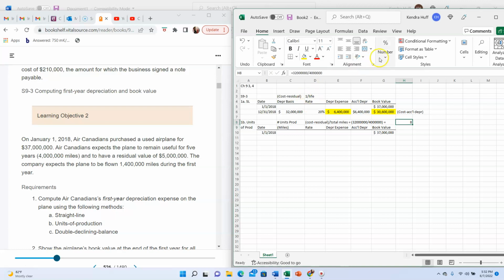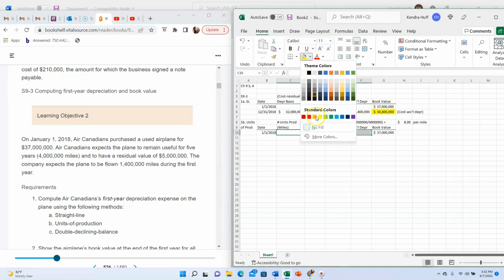And this is $8 per mile. So then that first row is still the purchase date. So don't put anything in these blocks right here. It'll mess you up if you do.